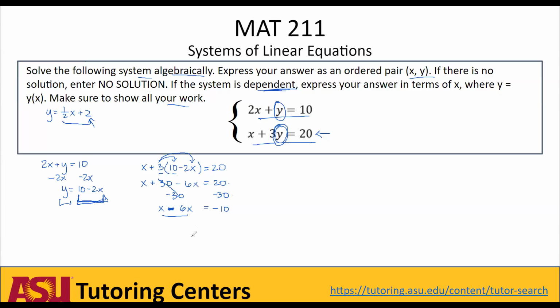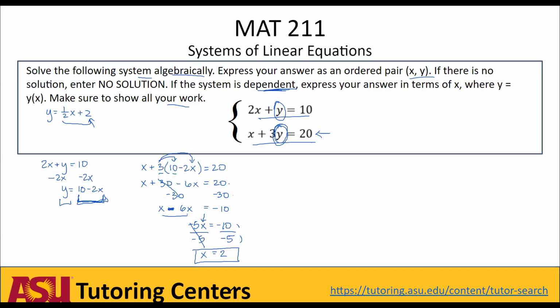So x minus 6x is negative 5x equals negative 10. Now, lastly, we just have to divide both sides by negative 5 because we want to get this x by itself. And so we have these two cancel out, and we have x equals negative 10 divided by negative 5. Negative 10 divided by negative 5 is 2. So we have x equals 2.